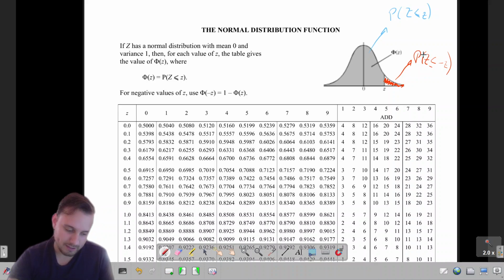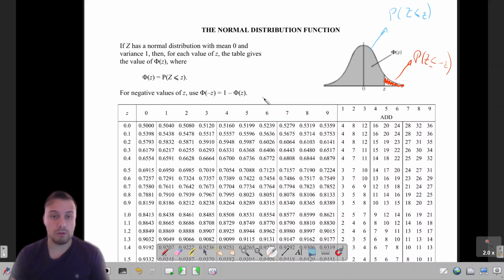The phi of z is all of this part. So all of these parts plus this red part has to be equal to 1. So you can solve the value for phi of negative z by doing 1 minus the phi of the positive z. Essentially, if you have a negative, work with the positive and then do 1 minus that value. But that's the reason why.